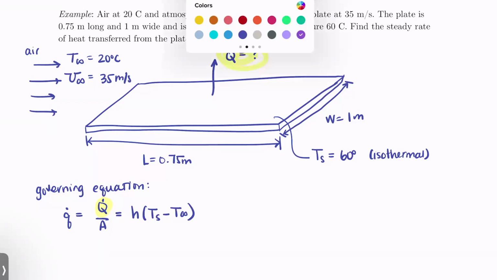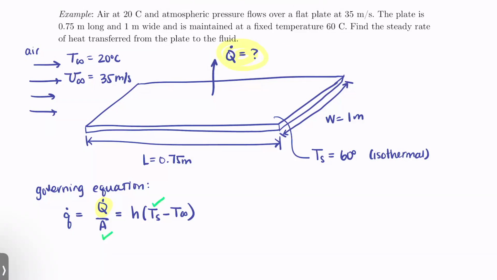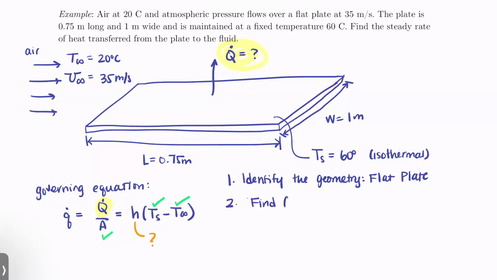So our first step is we're going to identify the geometry. All right, so that's obvious. The next thing we're going to do is find fluid properties at the film temperature. So that is our Tf.